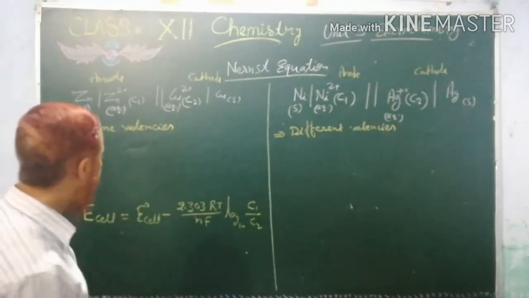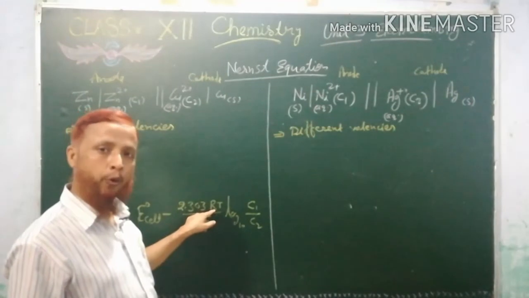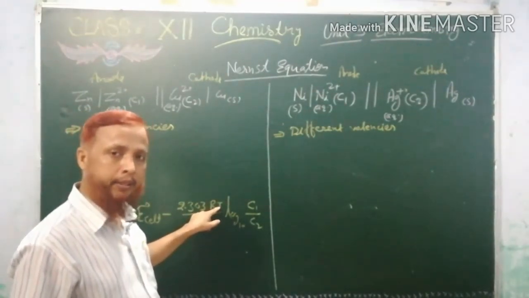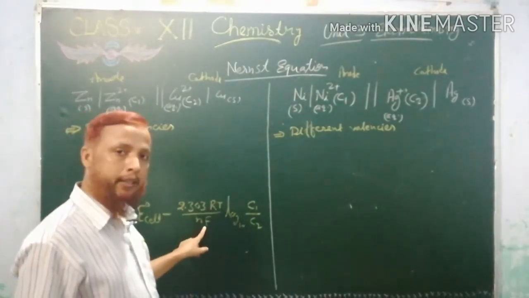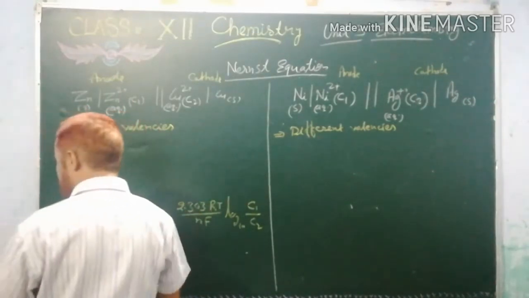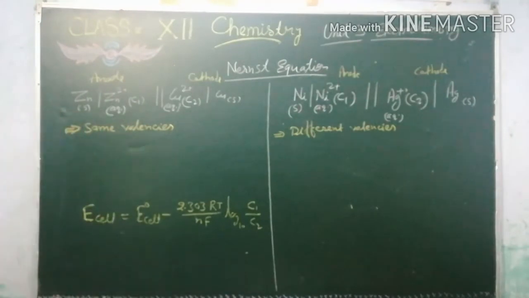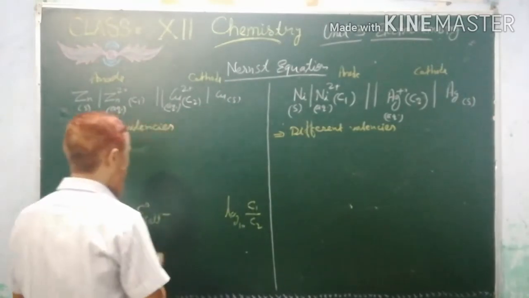Very simple. If the value of R is 8.314 and T is 298 Kelvin, means 25 degrees Celsius, and Faraday is 96,500, then after substituting all these constant values, this equation we can write in another form.